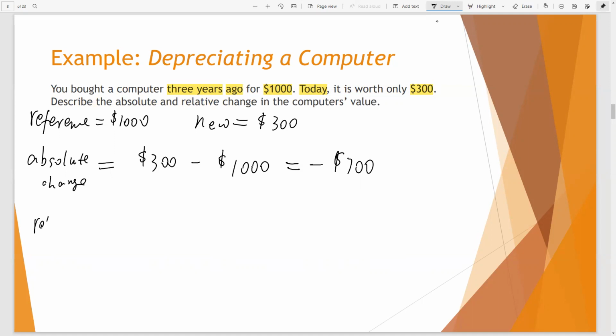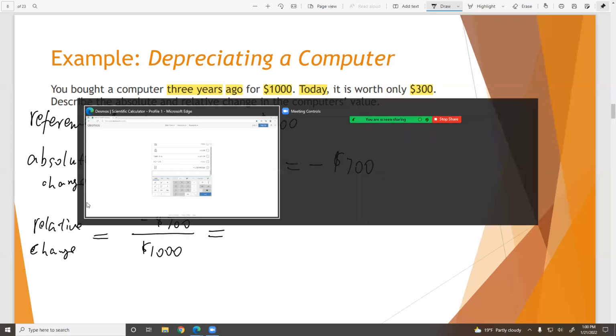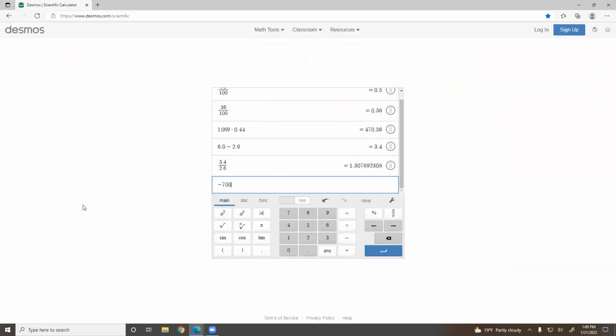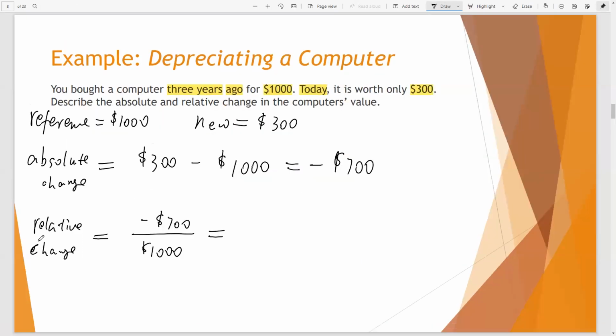And the relative change is the absolute change over the reference. Then you can still use a calculator, right? Negative 700 divided by 1,000. That's negative 0.7.